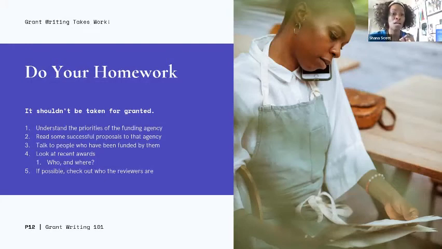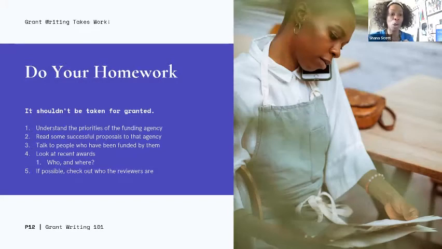So do your homework. Doing your homework should not be taken for granted. Understanding the priorities of the funding agency is also important. One of my pet peeves with grant writing is that everyone wants to get into it and they don't understand the funding agency or organization and what they stand for, so they spin their wheels and are not successful in the process.